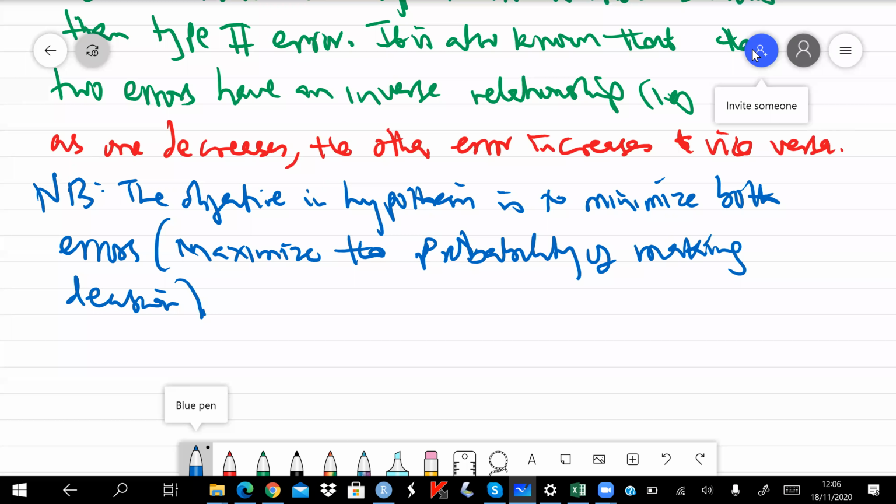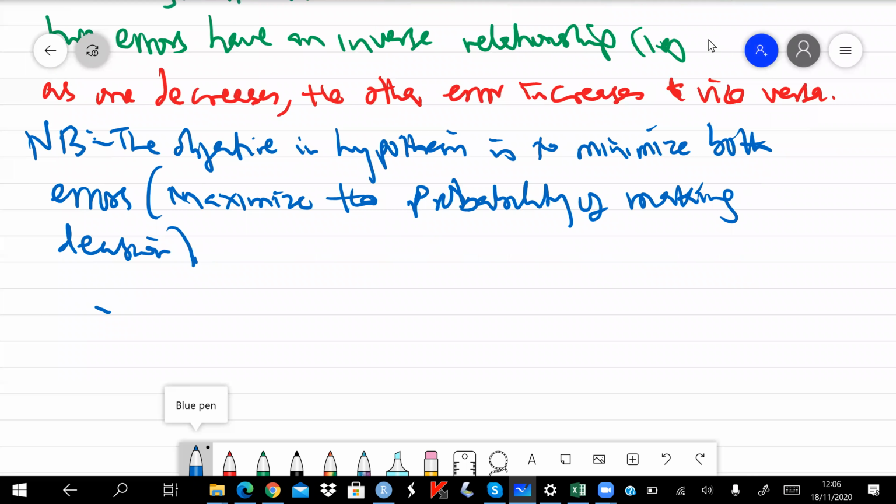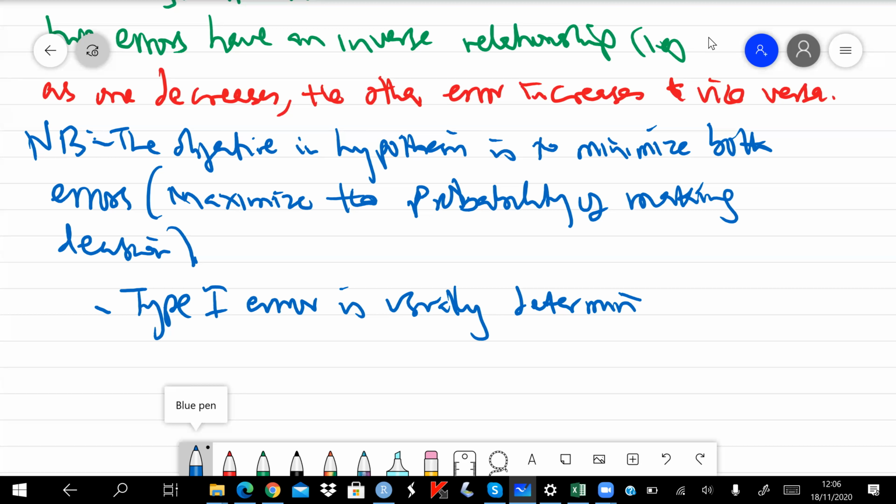Okay. Then still another note, we note that a type 1 error is usually determined by the researcher. So that's a good thing.